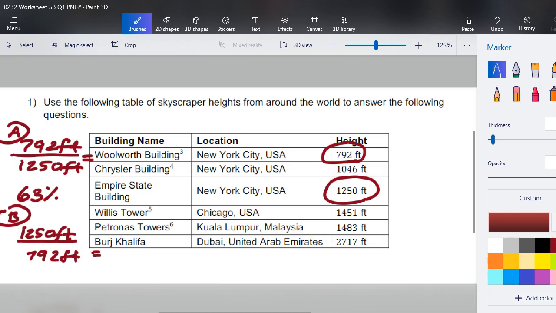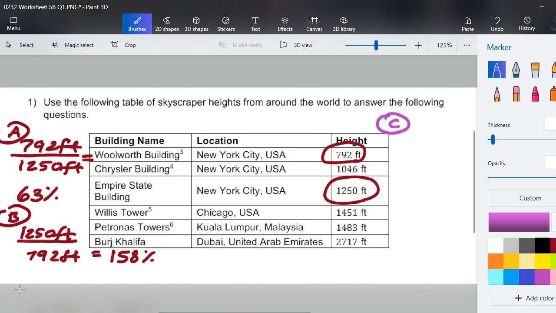When we divide these out and multiply by 100, we get 158%. In other words, the Empire State Building is 158% of the height of the Woolworth Building. So it's the Woolworth Building plus another over half of it. Moving on with part C.